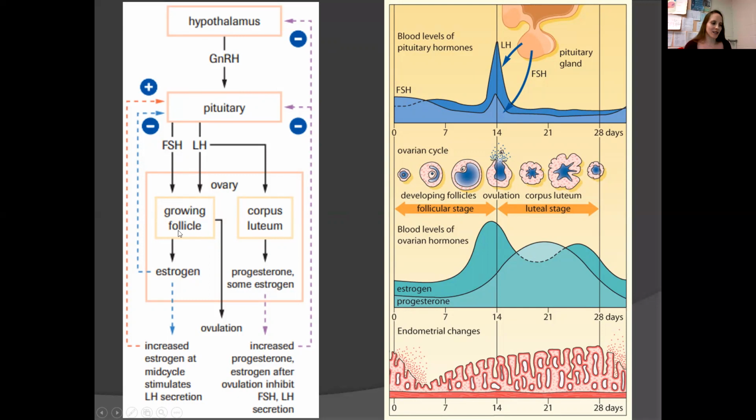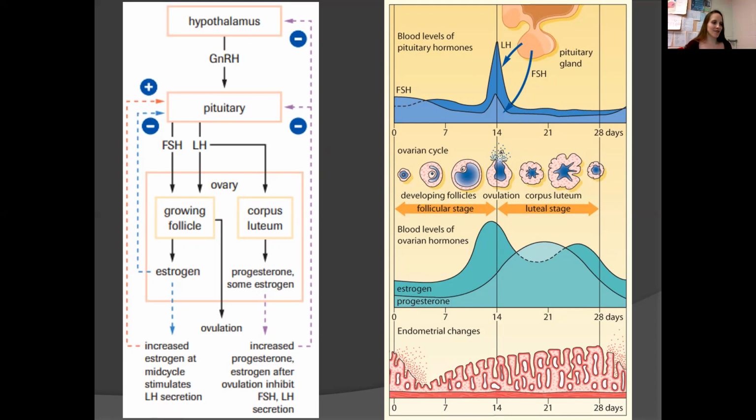That's going to stimulate the growing follicle, which is going to not only cause the egg to develop, but also cause the production of estrogen. The estrogen then has a negative impact on the pituitary, cuts off the release of FSH. The estrogen also has a positive effect on the pituitary in that it stimulates the production and secretion of LH.